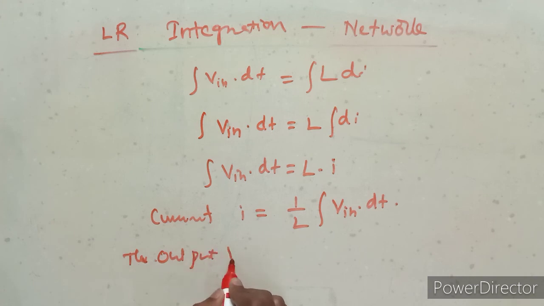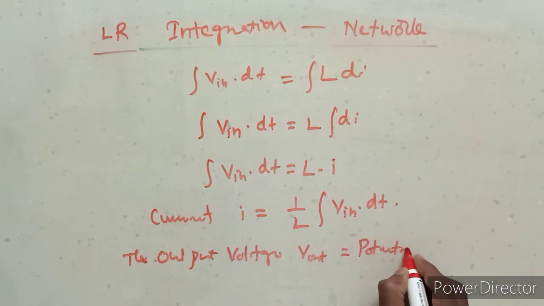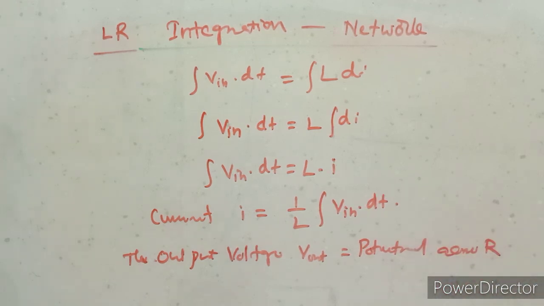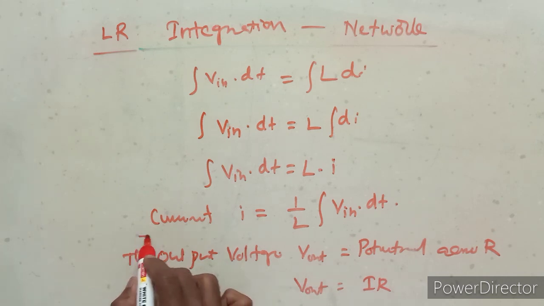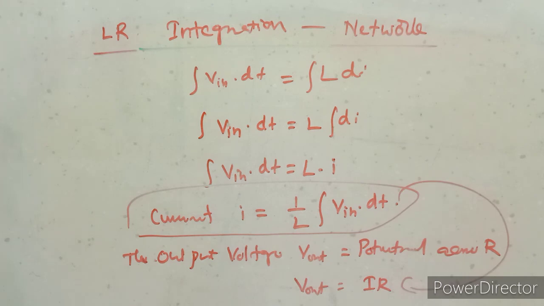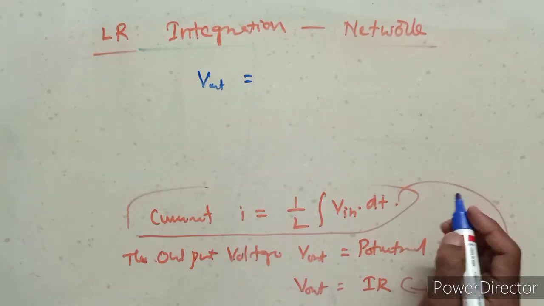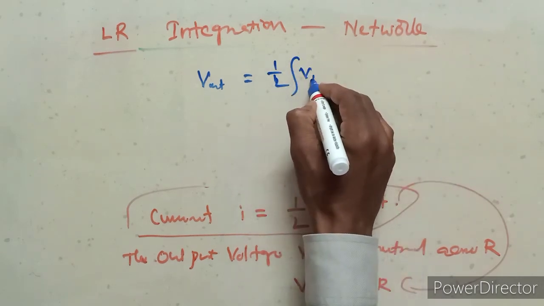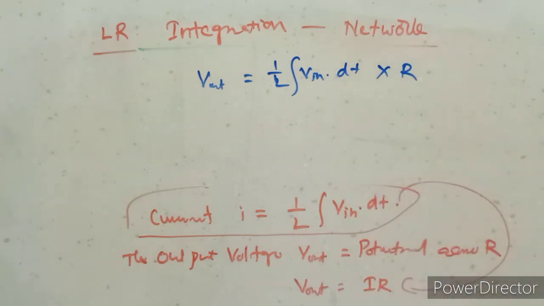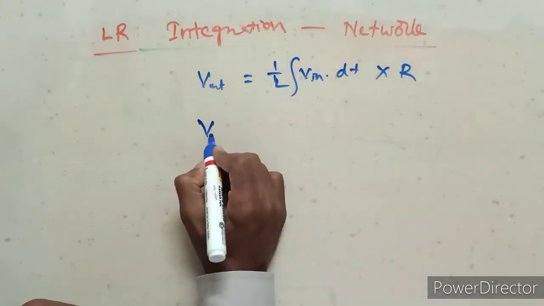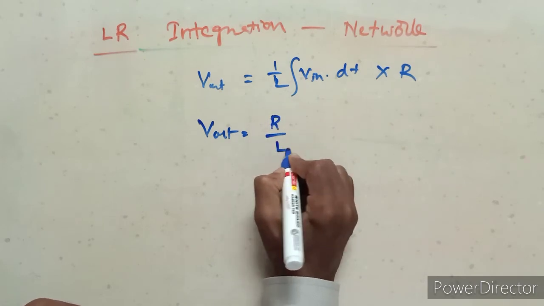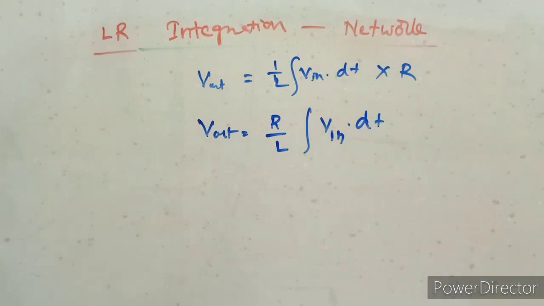The output voltage is the potential across R. So V output equals IR. Substituting the current value, output voltage equals 1 upon L integral of input voltage dt into R. Here R is constant, so V output equals R upon L integral of input voltage dt.